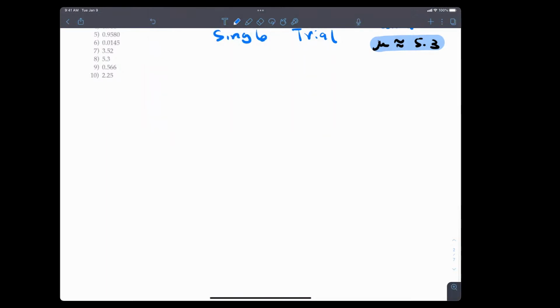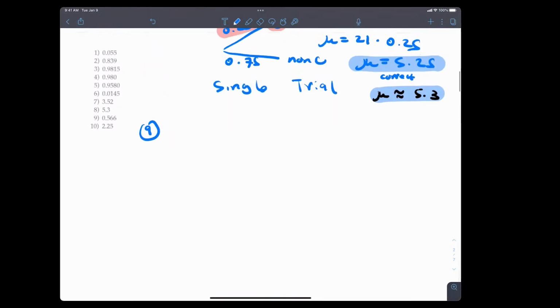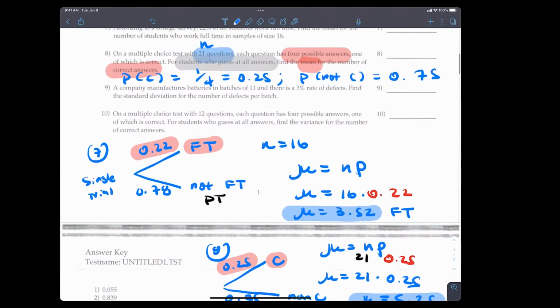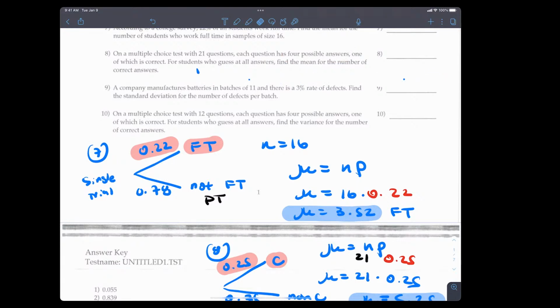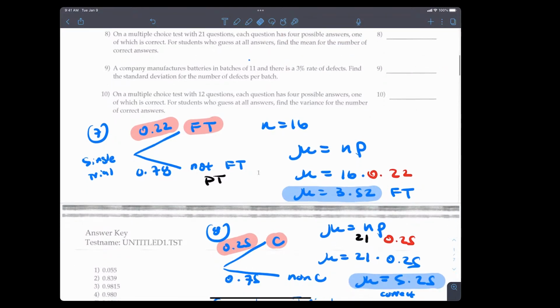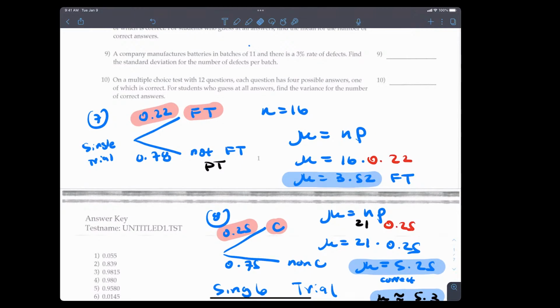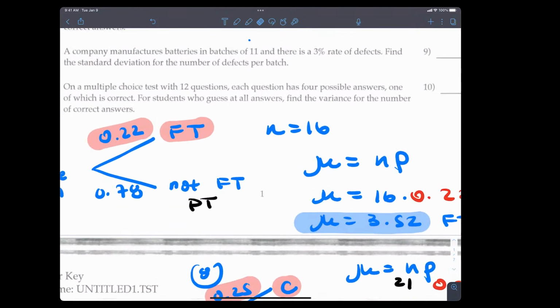So let's see what number 9 is. Let me start to erase this stuff; it gets distracting. Number 9. What does number 9 say? A company manufactures batteries in batches of 11.